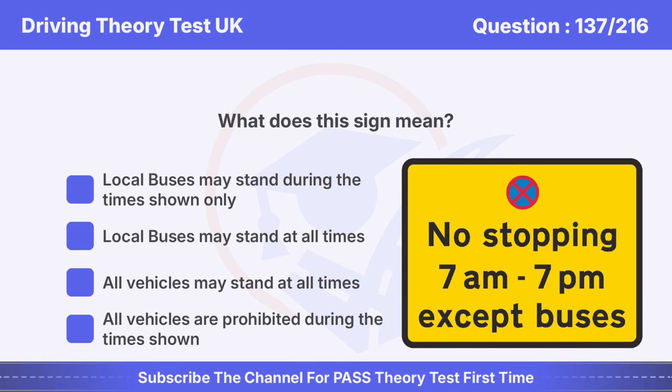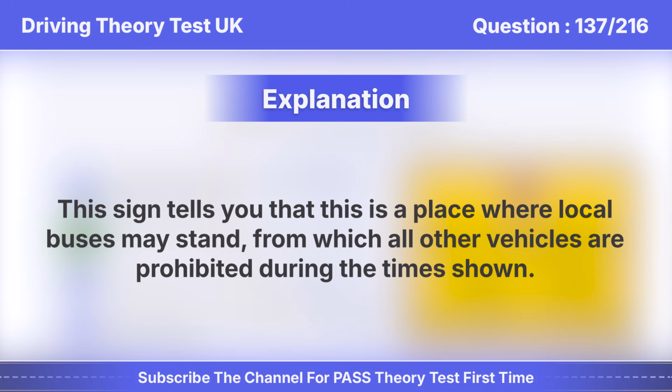Question 137. What does this sign mean? Answer is B. Local buses may stand at all times. This sign tells you that this is a place where local buses may stand, from which all other vehicles are prohibited during the time shown.